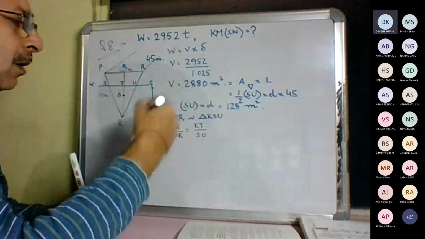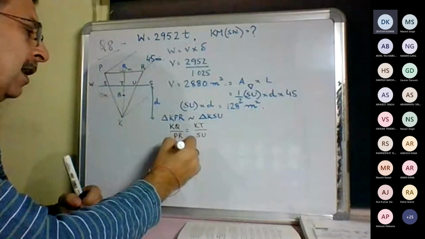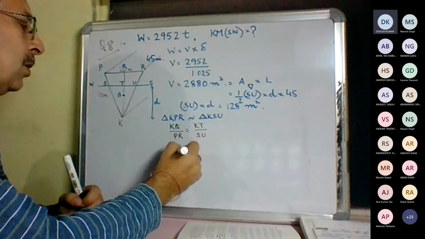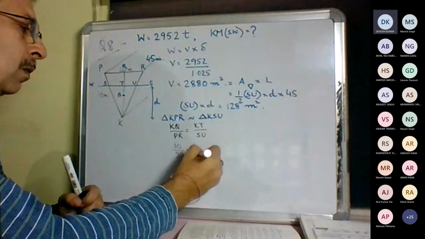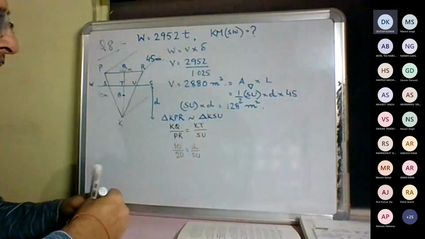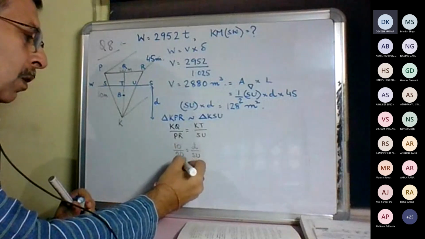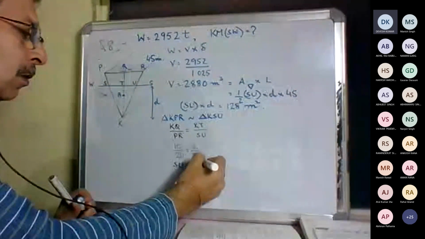KQ is 10, PR is 20, equal to KT, small d, upon SU. So SU is equal to 2D.